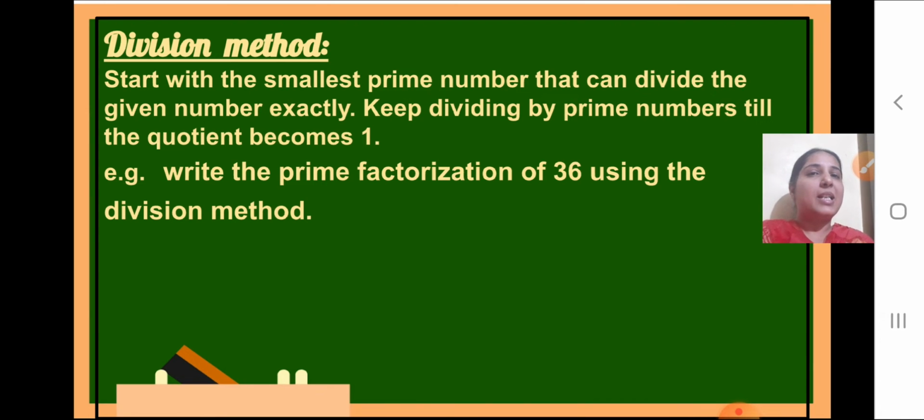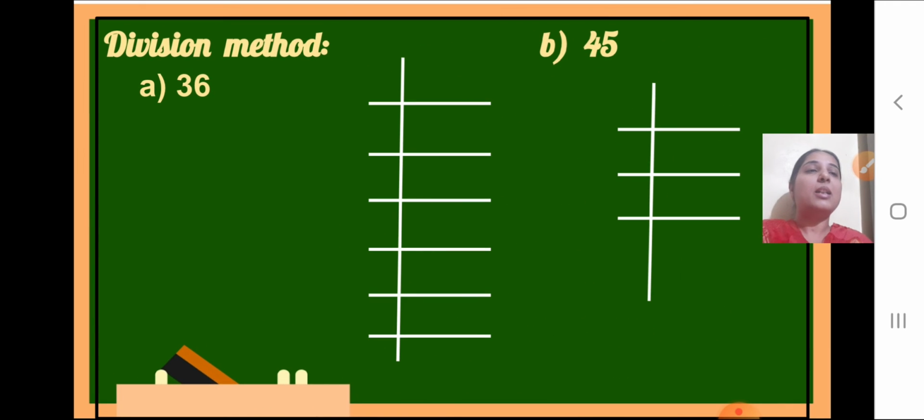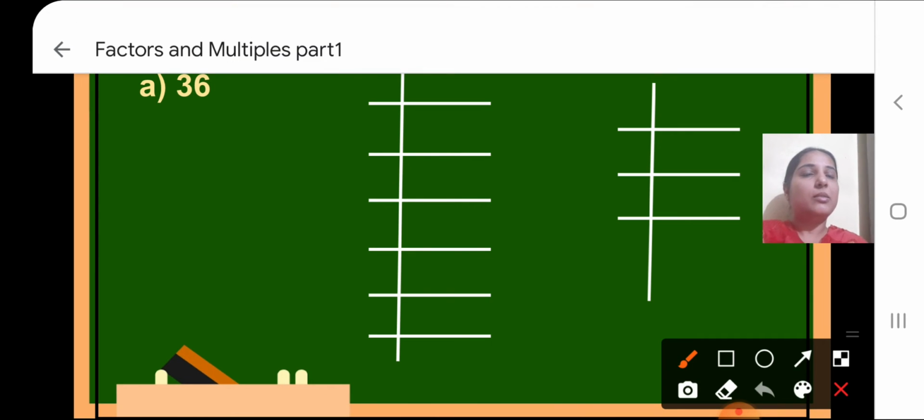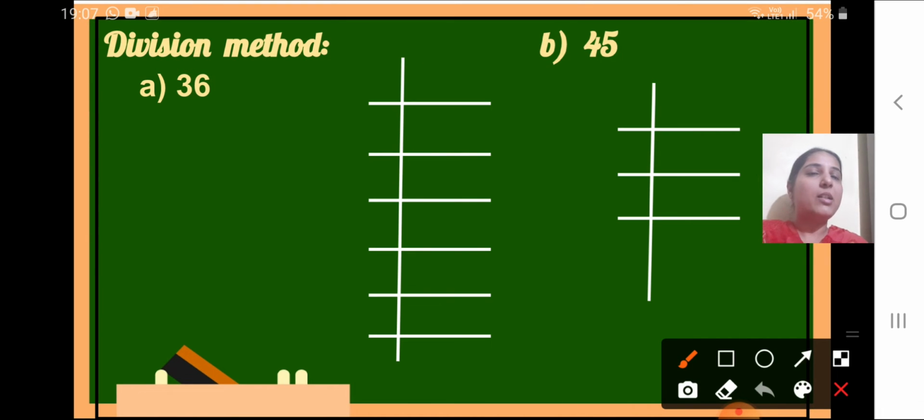For example, let's see here the prime factorization of number 36 by division method. So first we will write here the number 36. First we will draw one vertical line and a few horizontal lines like this. Then we will write 36 here. Then 36 can be factorized by the number 2.